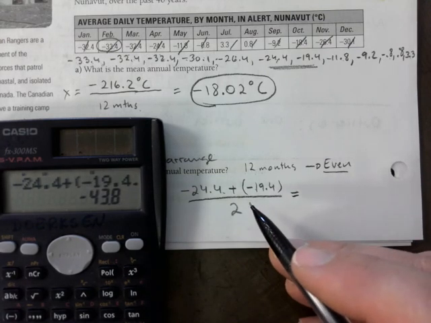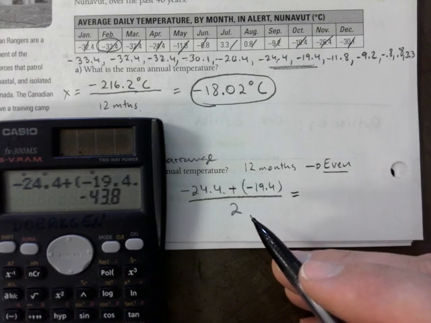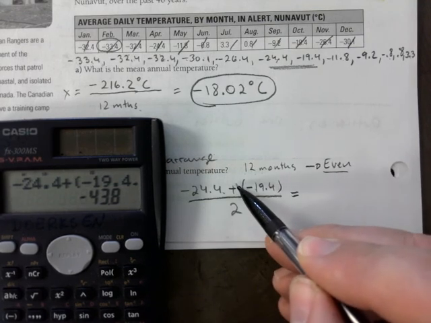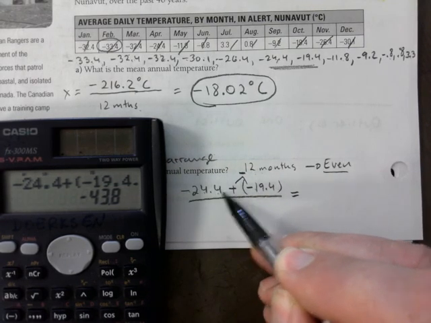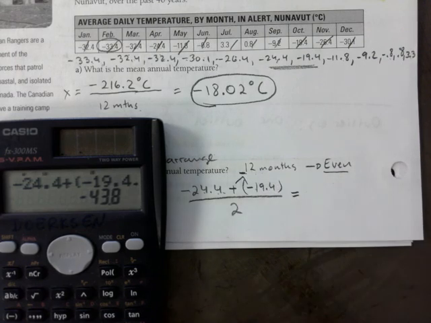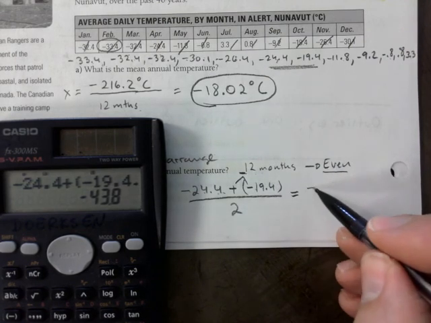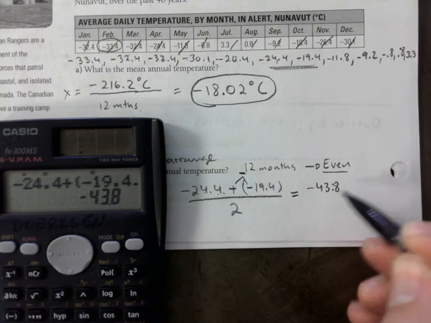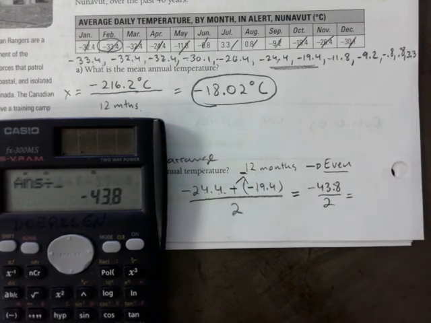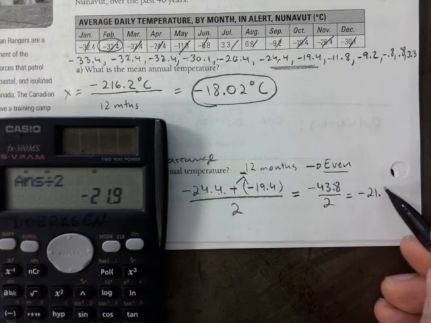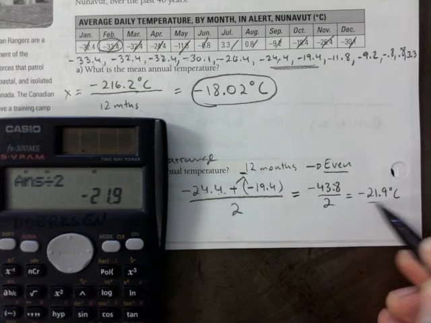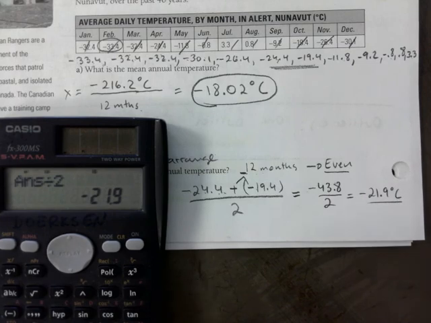Do you remember what happens when a positive and a negative meet? It's always negative, right? Opposite signs are always negative. So this is really going to be a negative. It's going to be negative 24.4 minus that number. So that is negative 43.8 divided by 2, which is negative 21.9 degrees Celsius, right? So that is the median.